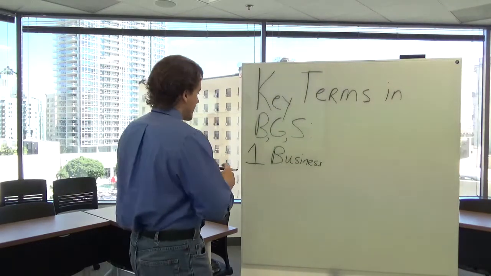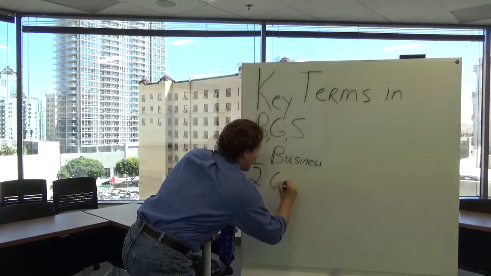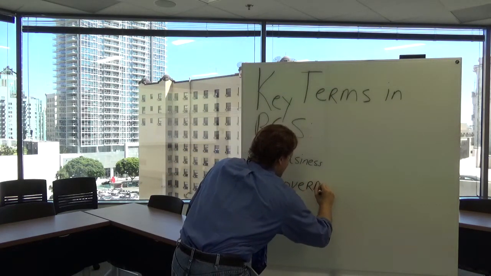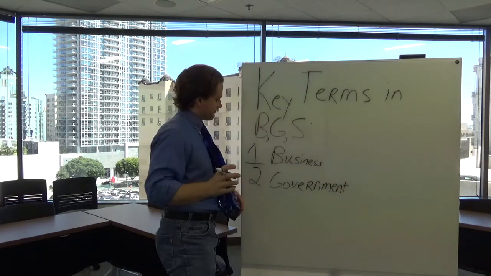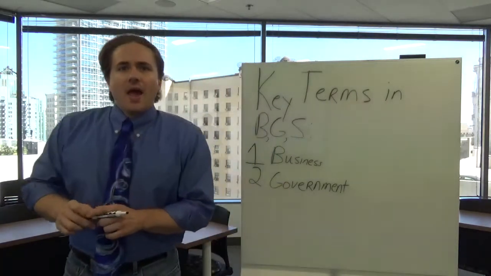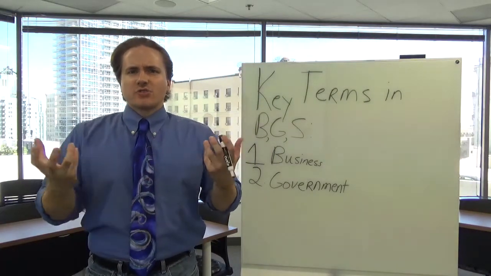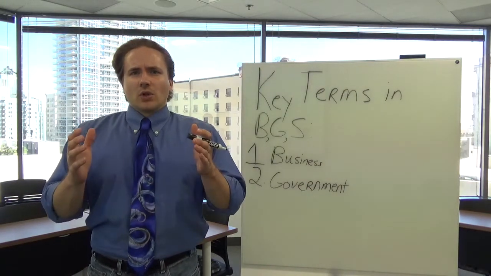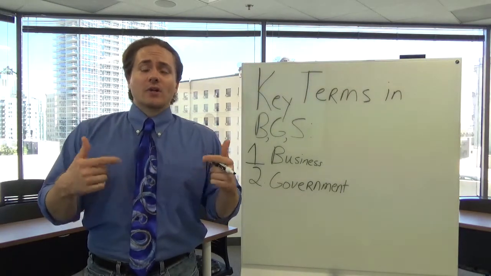Our second is a government. A government is basically a series of structures and processes that make laws, rules, and policies in an authoritative manner.